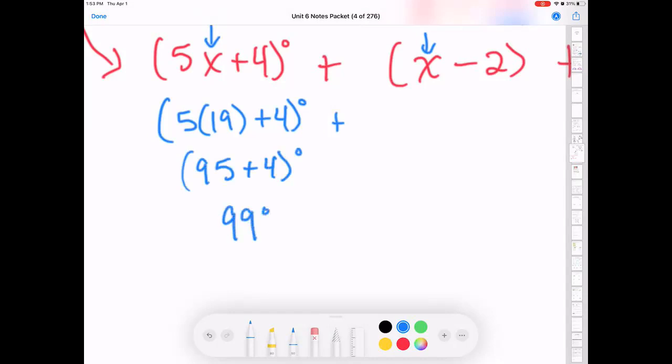For that first angle, we got 99 degrees. For the second one, very similar. We're going to go ahead and plug in 19 and then subtract 2 away from it for the second angle, giving us a total of 17 degrees.